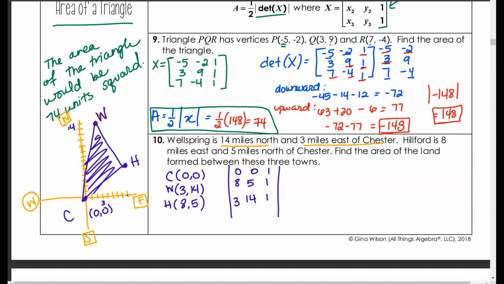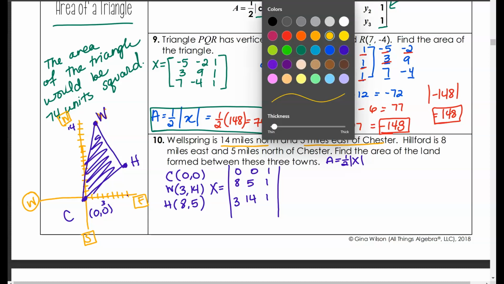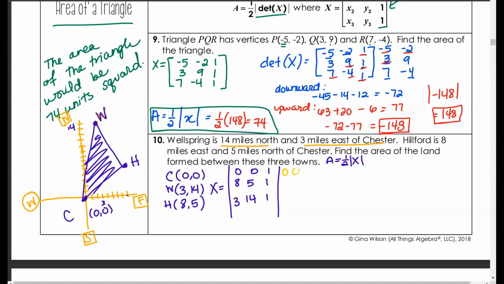So this is our matrix. Let's call this matrix X. Okay, so in order for us to calculate the area, remember that the area is going to be 1/2 the determinant of our matrix X. So let's go ahead and calculate this determinant. So we need to first recopy the first two columns.